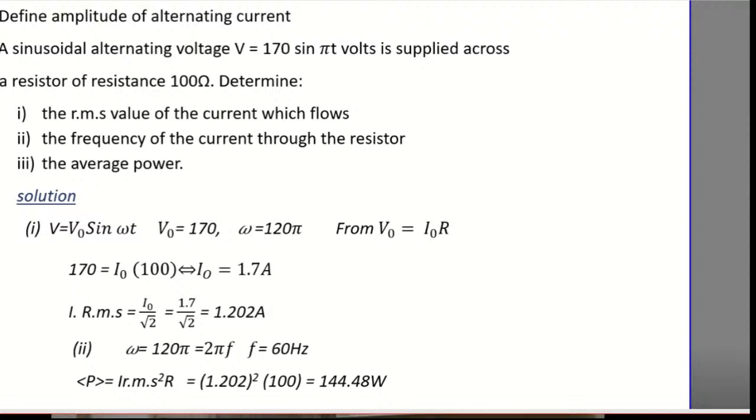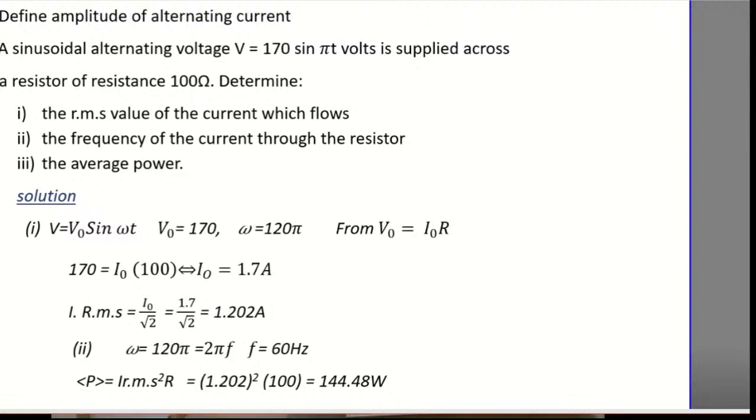This was supposed to be sine 120 pi t. We'll make adjustments in that formula.